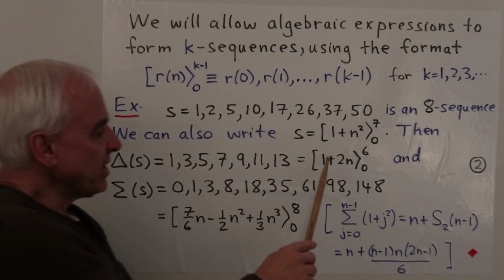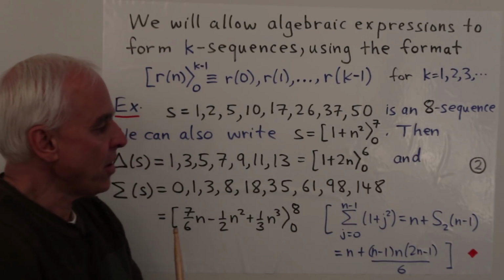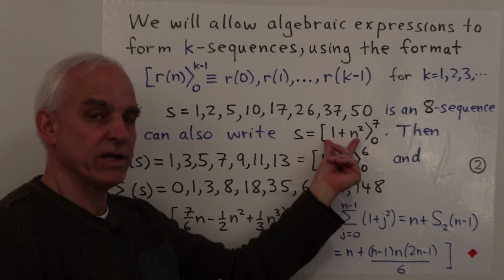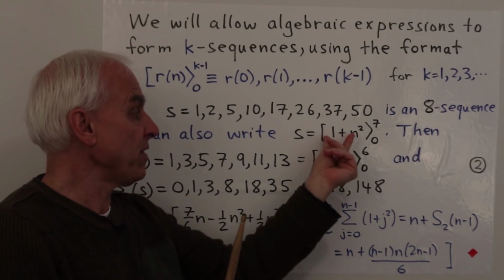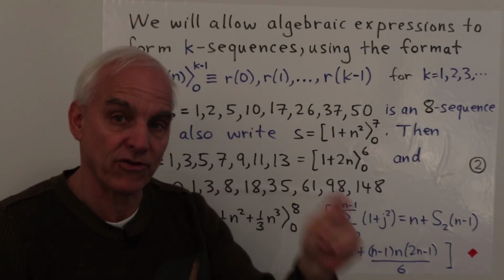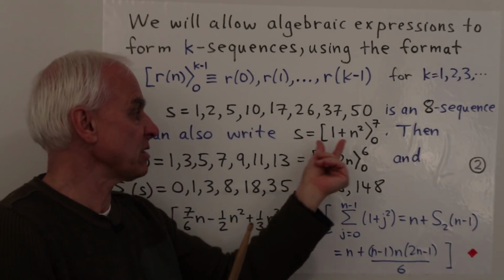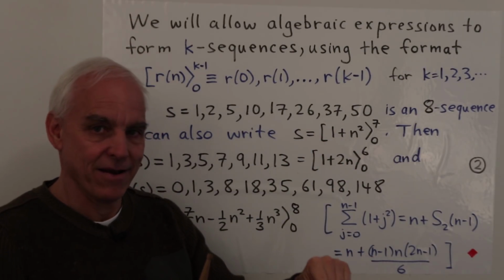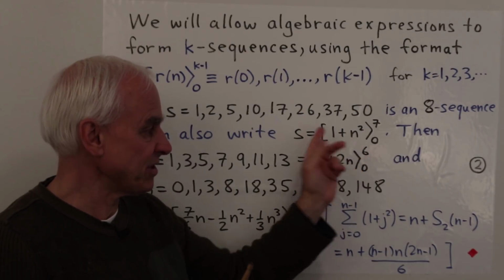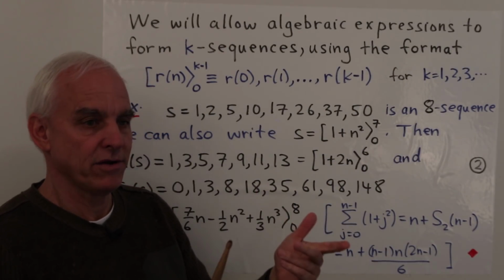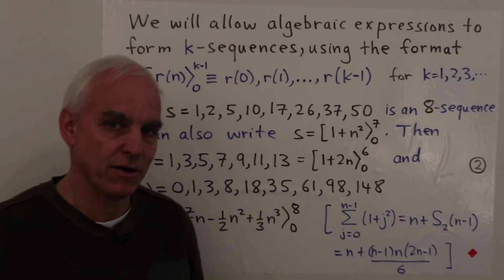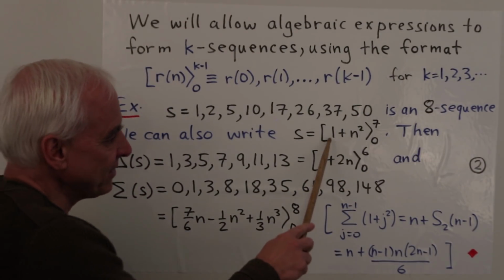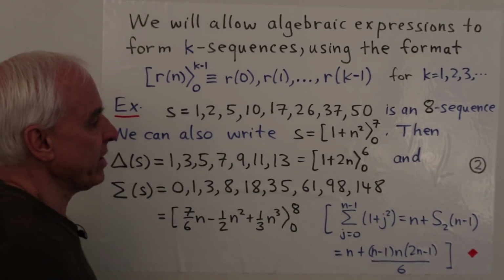And we could obtain this just by taking the algebraic expression here and evaluating the difference: this expression evaluated at n plus 1 minus the same expression evaluated at n. So if we take that difference, it's basically (n plus 1) squared minus n squared, which is 2n plus 1, which is what we have here. So we can take the difference at the level of the algebraic expressions.